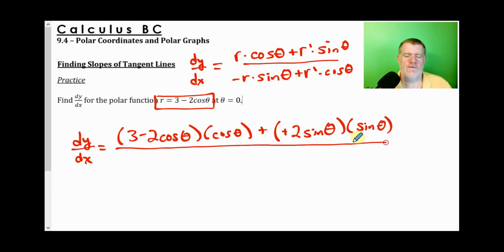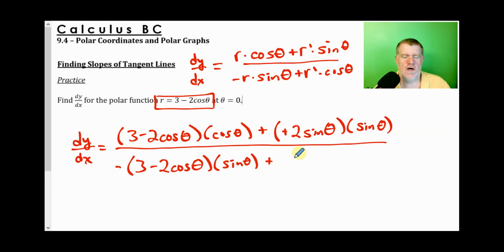All of that over negative r times sine of theta plus r prime, which we already know is 2 sine of theta, times sine of theta. Okay?